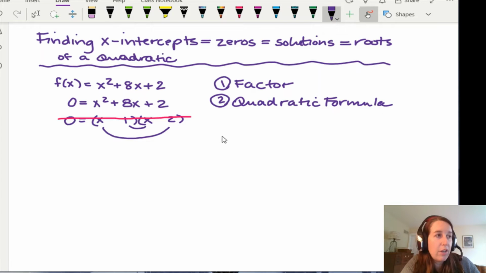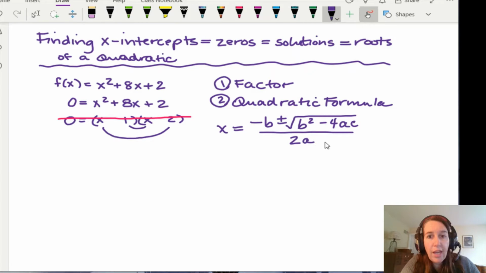To use the quadratic formula, you have to memorize it, and so we'll write it down now. We have x equals the opposite of b plus or minus the square root of b squared minus 4 times a times c, all over 2a.